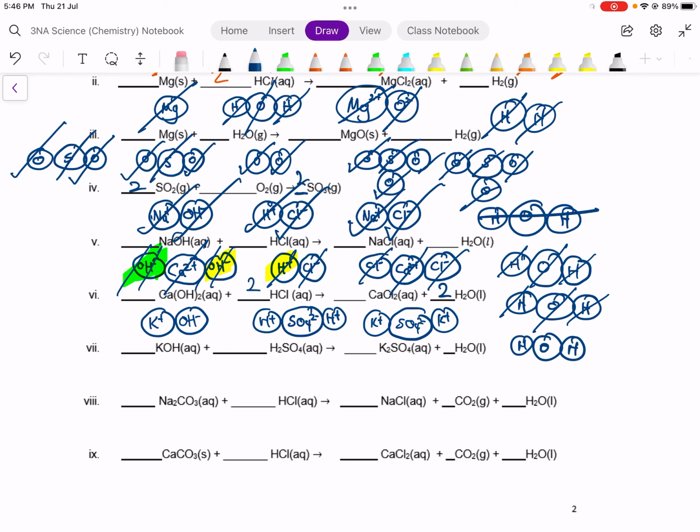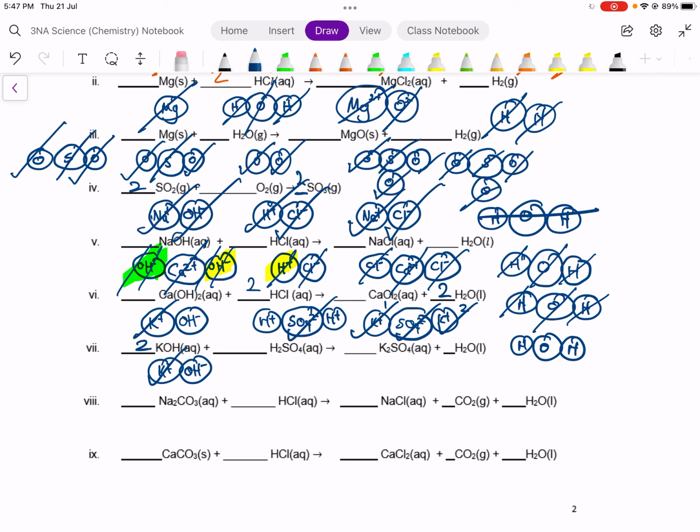Let's see what shall we do. First thing I'll do is settle the K plus first because 2 on the right, 1 here. One more set for me on the left, one more set of KOH. So K is balanced, sulfate balanced. I must put a 2 here because I got 2 sets of KOH now.